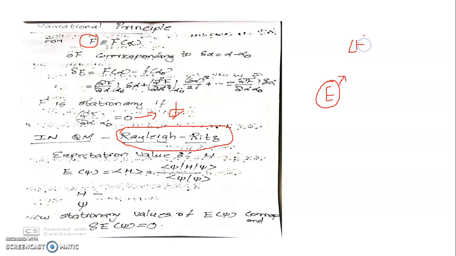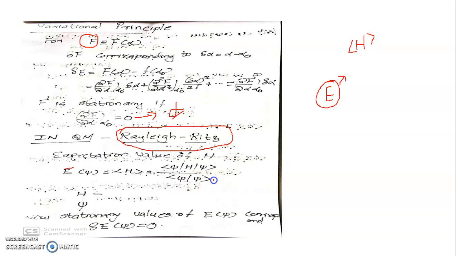So the quantity whose extremum will generate the fundamental equation of motion in quantum mechanics might be the energy eigenvalue corresponding to each and every quantum state, or the expectation value of the Hamiltonian, which is evaluated from the fundamental principle of quantum mechanics as the expectation value of H equal to the scalar product of psi, H psi divided by the scalar product of psi with psi itself, provided psi is not a normalized wave function.